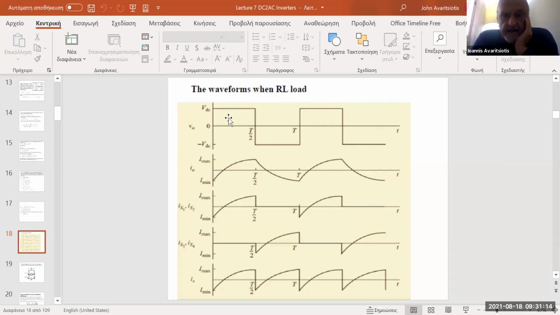So as you can see here, the voltage across the load is expected to be a square wave in the ideal case, without any dead time, as we explained yesterday, which of course is required in order to take into consideration the switch on and switch off times required for the real electronic switches to turn on and off.